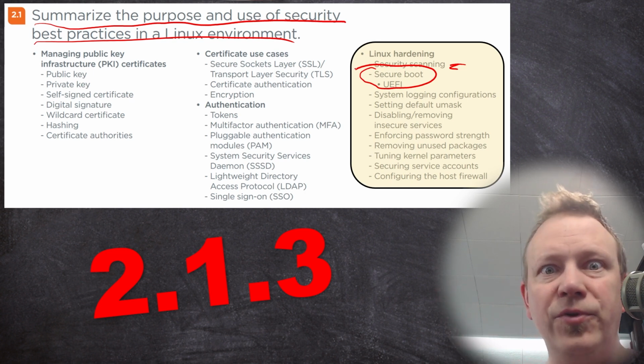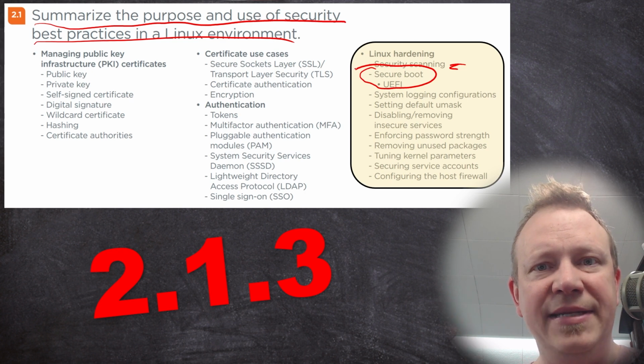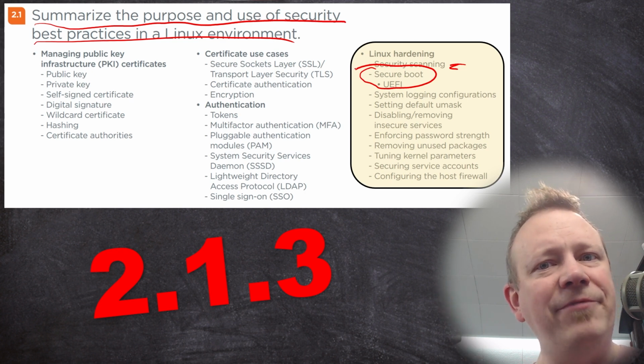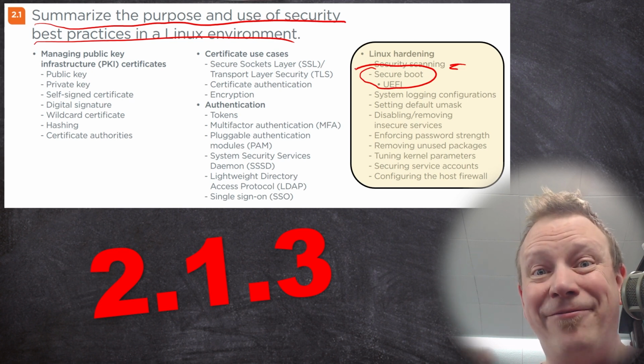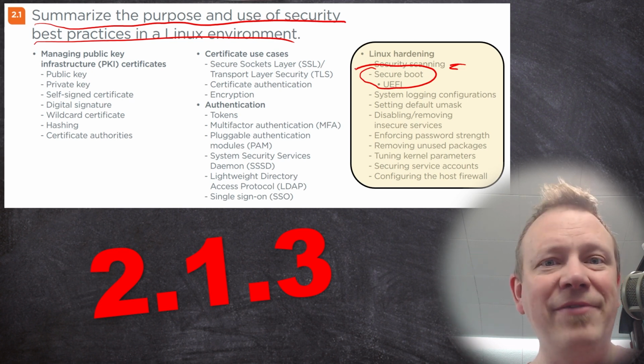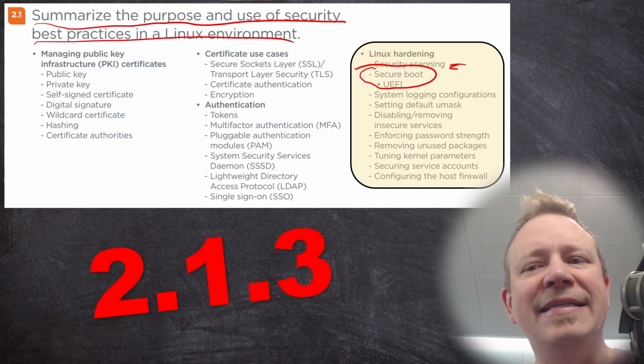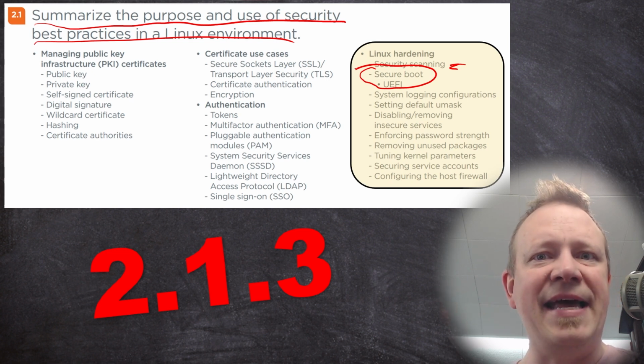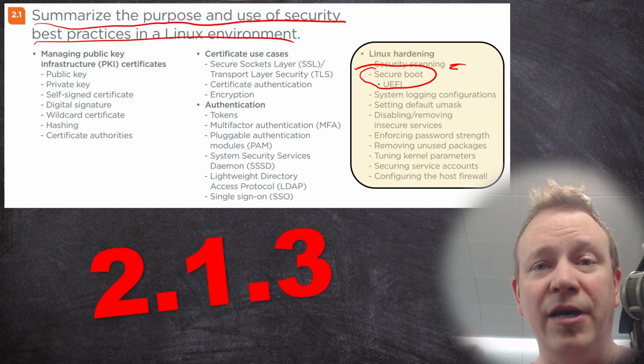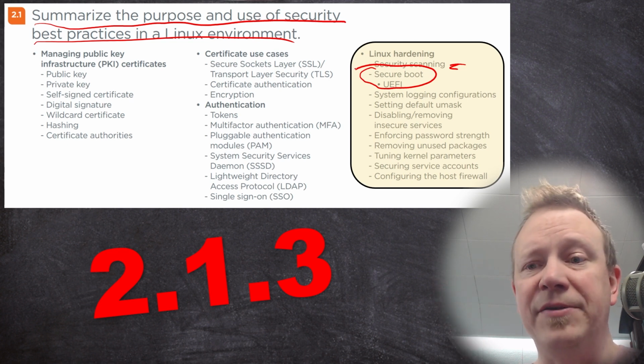But if there's a rootkit installed on an operating system, and your UEFI or your BIOS is not secure, it could overwrite that firmware, and before you even install an operating system, it could have malicious code. So the idea behind Secure Boot is that it is digitally signed, and we covered signatures and encryption a couple of videos ago.